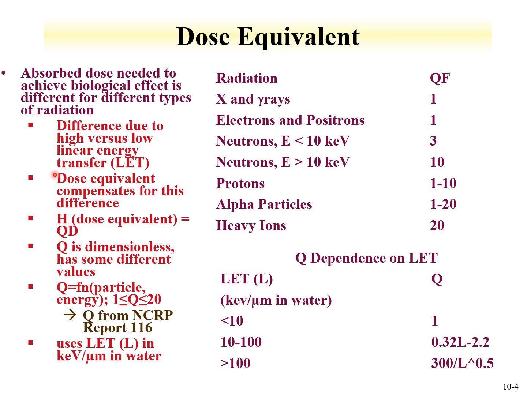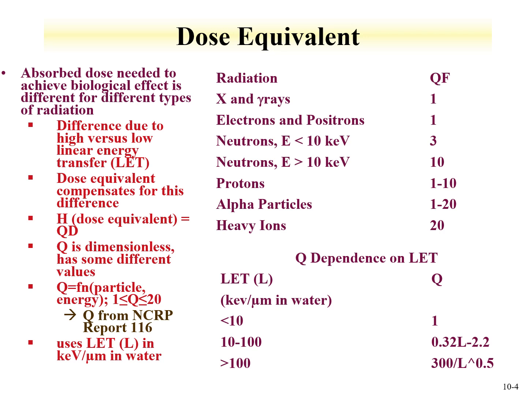The difference is really driven by the linear energy transfer, and we're going to call this dose equivalence. To compensate for this, the dose equivalence will be equal to the dose D times Q, and Q is some dimensionless value. There are a number of reports that define what this value should be. It's often a function of the particle and the energy. Q can vary from 1 to 20.